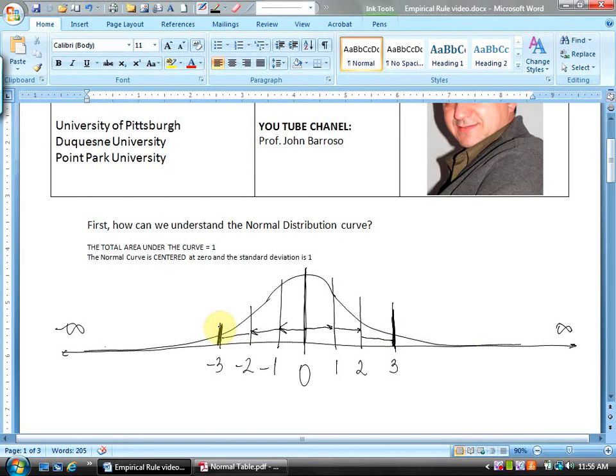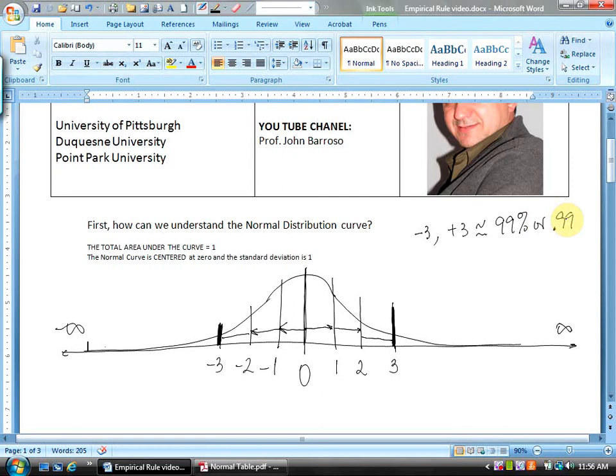So the area from -3 to +3 is roughly 99% or 0.99. Okay, that's what the empirical rule says.